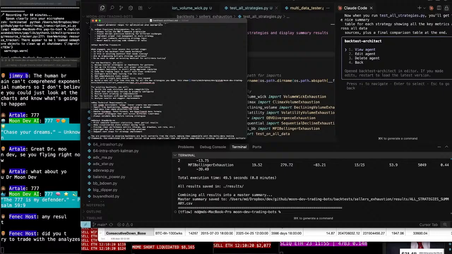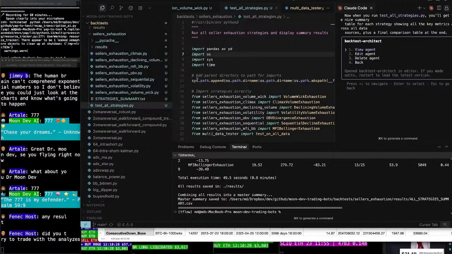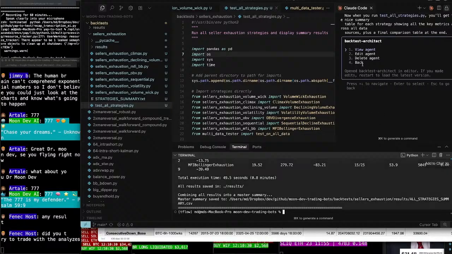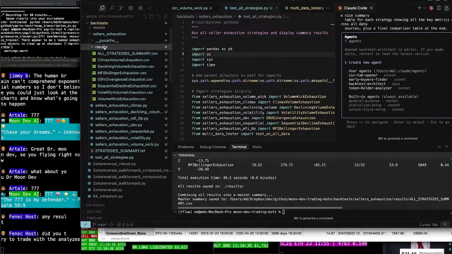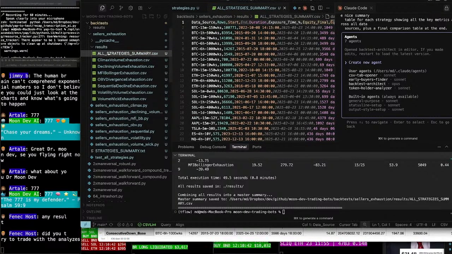This shows what to print to. Okay, so let's go ahead and say save here. Okay. Let's say back here. Okay, and then results here. We've got the results, all strategy summary.